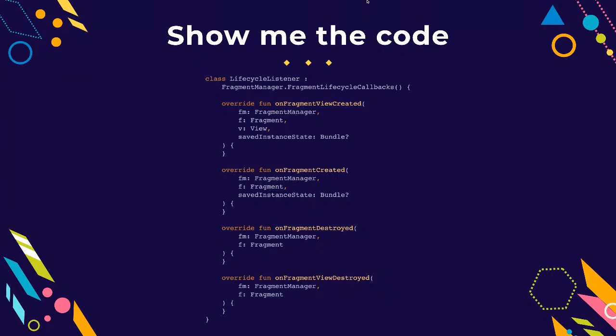Well, basically, they will tell you when a fragment is created, when the fragment view is created, because remember, we still have 2 different life cycles on the fragment, which are the view life cycle and the fragment life cycle. Then we will get a notification when the fragment is destroyed and when the fragment view is destroyed. And well, they will be invoked right after these methods are fired on the fragments.